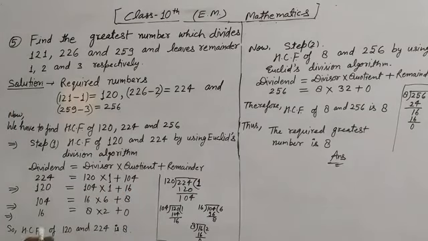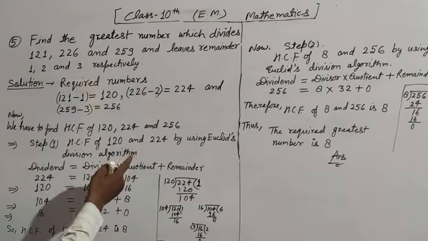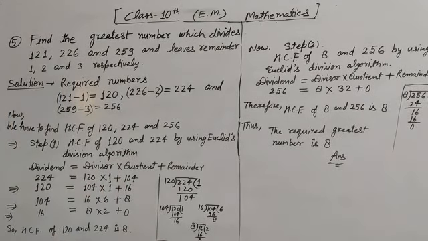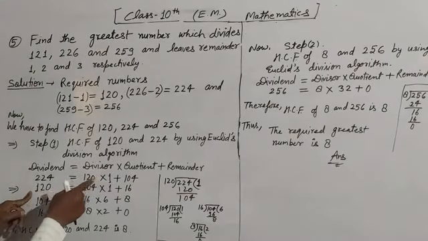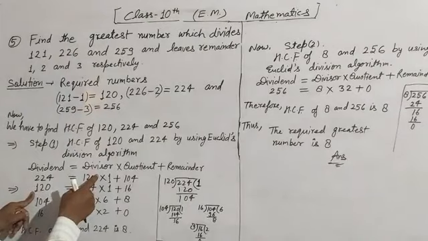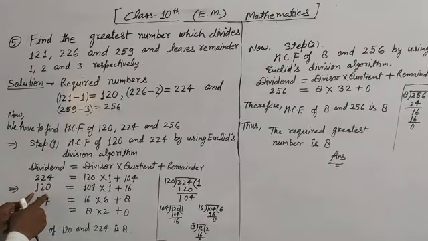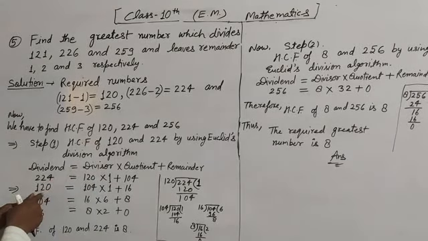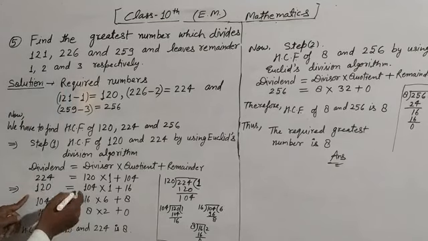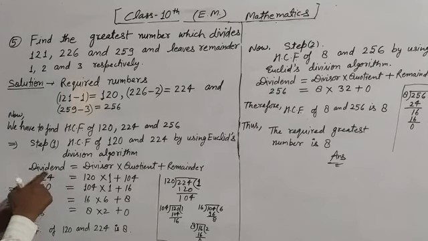Now, as we know, Euclid's division algorithm says that in second step, the divisor of first step becomes the dividend, so 120 is written as dividend.